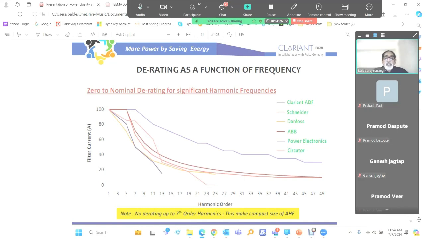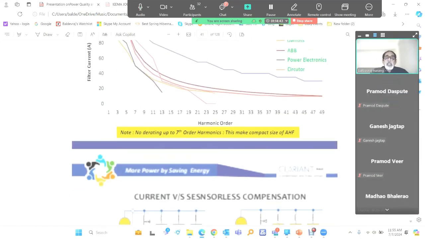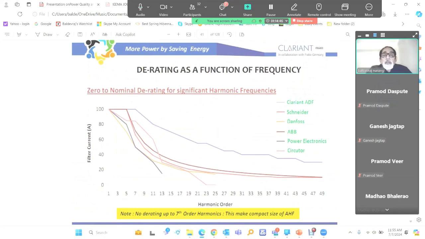Normally we are comfortable up to maybe 17th, 19th, or in some cases maybe 23rd harmonic, but beyond that it doesn't work. So there we have to go back again to passive filters, high pass filters we call them. That we will discuss in renewable when we come to that.